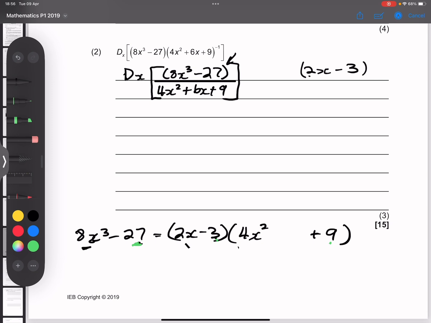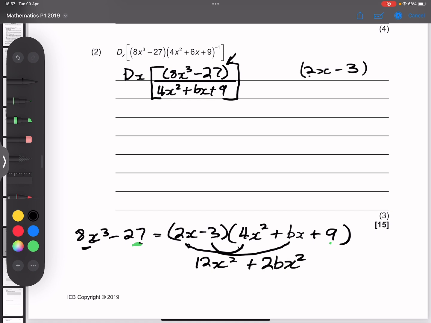So if I take 3 multiplied by 4x squared, that gives me 12x squared. And if I say this is plus bx, so if I take 2x multiplied by bx, that will give me 2bx squared.